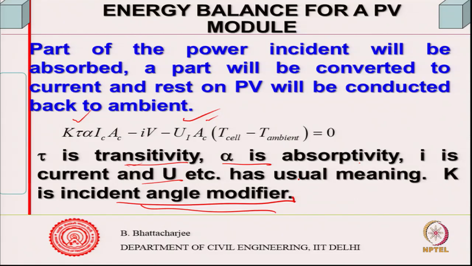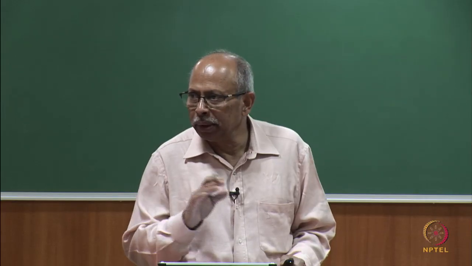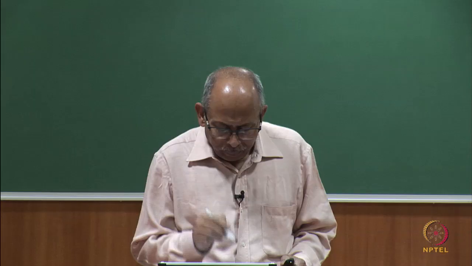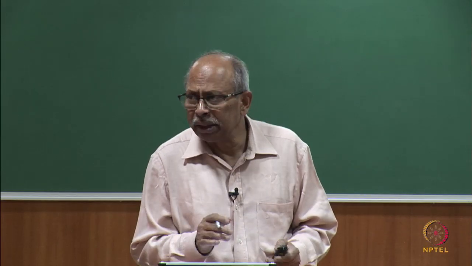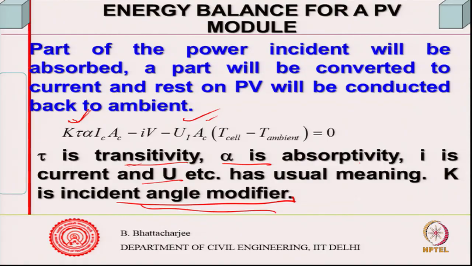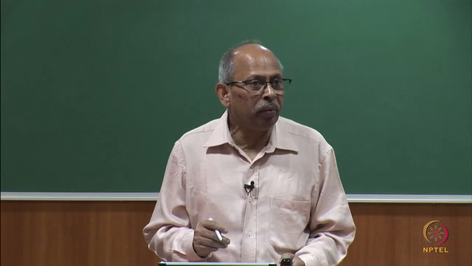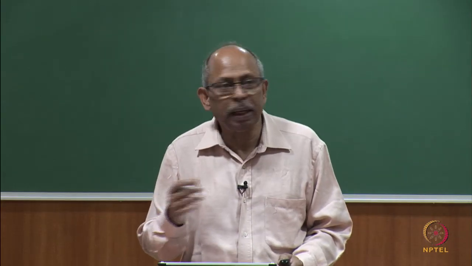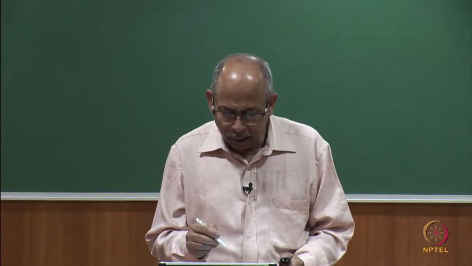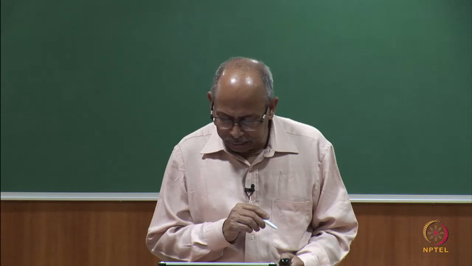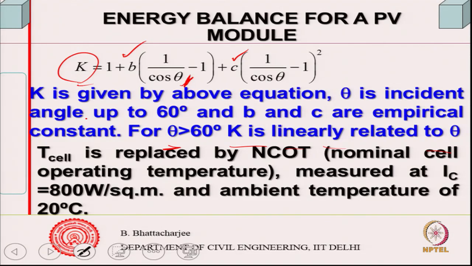So, the amount of radiation that will fall in would depend upon the incident angle, because both diffuse and direct radiation are involved. So, we are not simply calculating the beam radiation, but multiplying the radiation by an incident angle modifier, otherwise it would have been simply cos I and things like that.